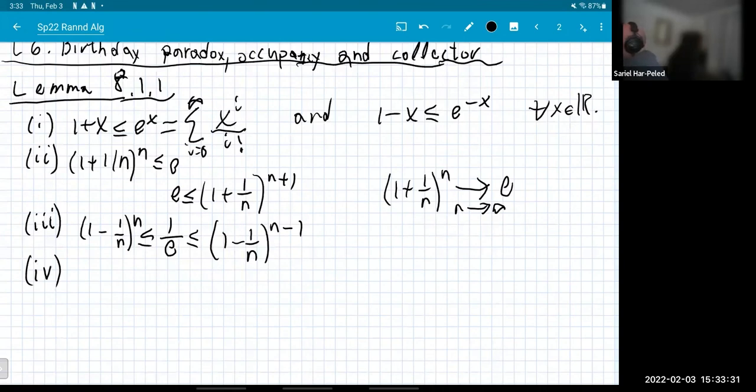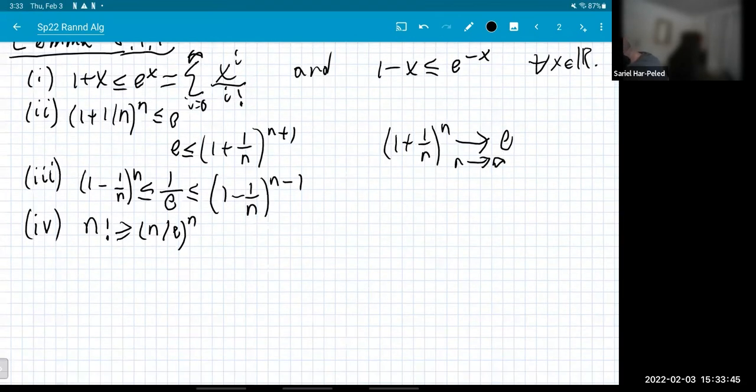And you need those estimates for the following formulas, which are really useful. So n factorial is larger or equal than n over e to the power n. The reason why I need all this is because what I really want is this: for any k smaller or equal than n, I want a good estimate of the binomial coefficient.